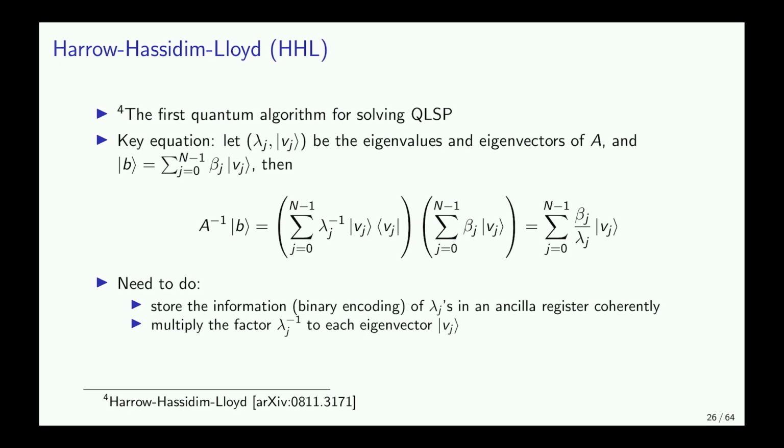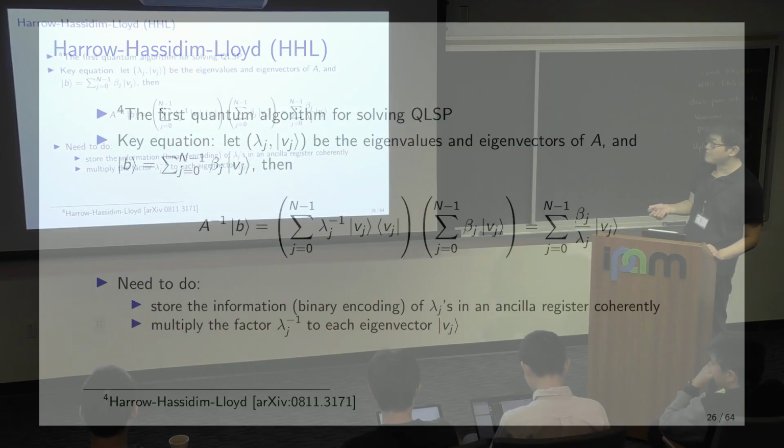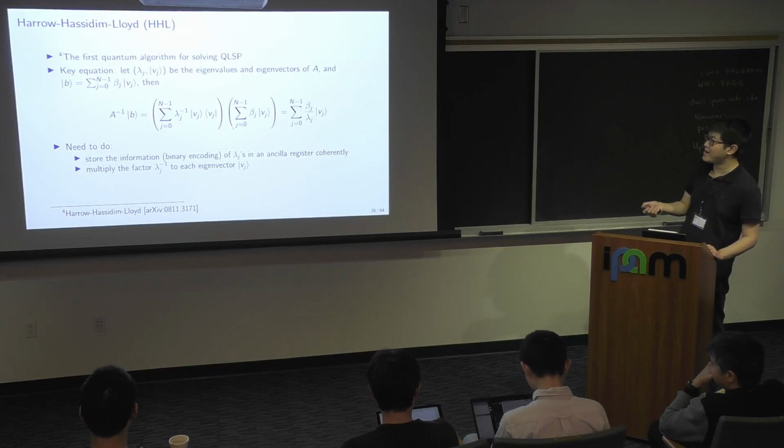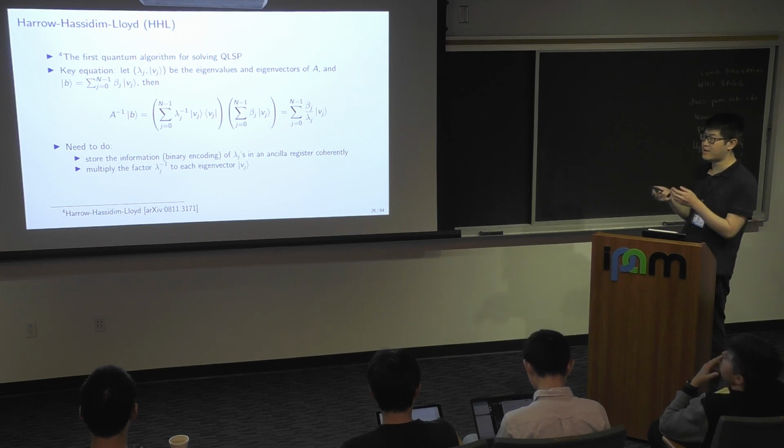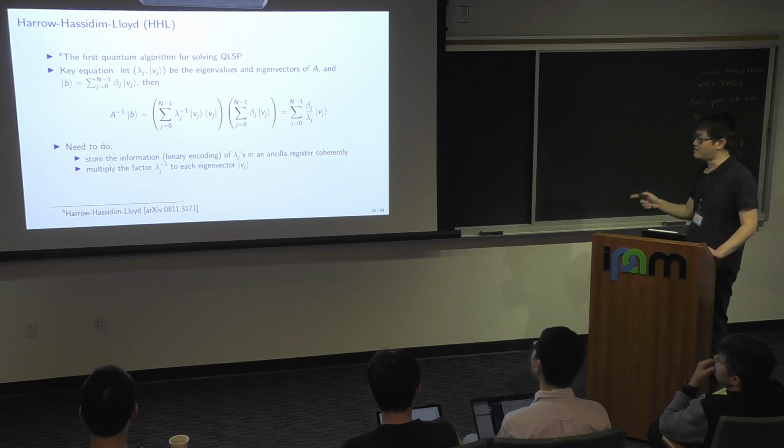Then we can directly write down the unnormalized solution of my linear system. It is A inverse times B. A inverse has the spectral decomposition like this, because I just change the eigenvalue to lambda j inverse, and then I act this operator on my B. If you expand these brackets, the inner products of vj prime and vj become 0 when j is not equal to j prime, and equal to 1 if j and j prime are equal.